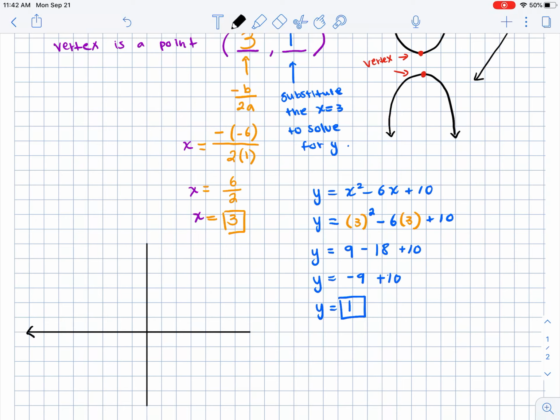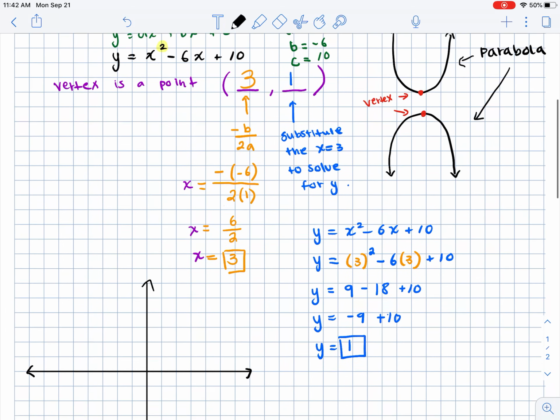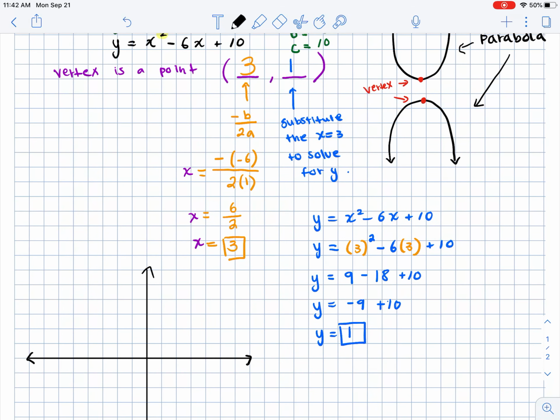Here's my graph. My vertex is at point (3, 1): 1, 2, 3. Unlike Edgenuity, I'm just going to jump by ones. 1, 2, 3. Vertex is at (3, 1). So I'm going to get that point, (3, 1).